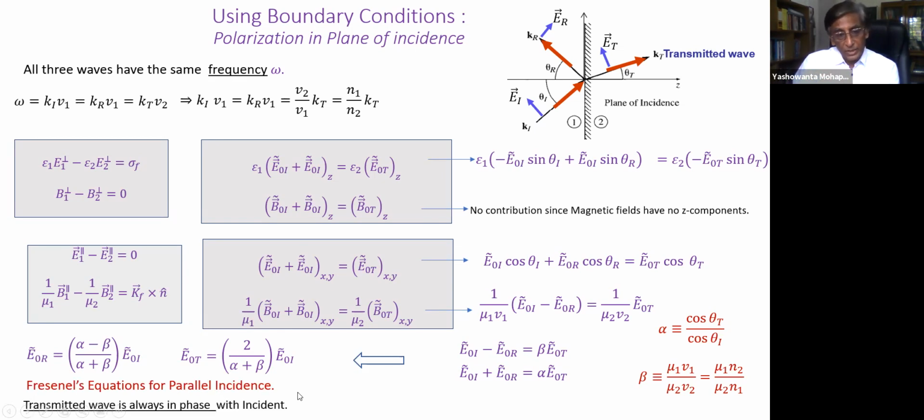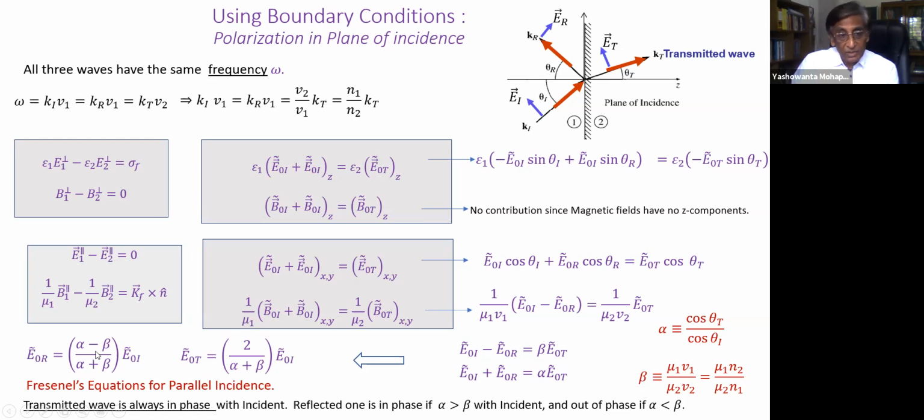I've just mentioned that. Now realize that the transmitted wave is always in phase with the incident wave. But for UR and UI, whether it is plus or minus will depend on the relative values of alpha and beta. For the reflected one, if alpha is greater than beta, then of course they are in phase, because this remains positive, so the amplitudes of UR and UI have the same sign.